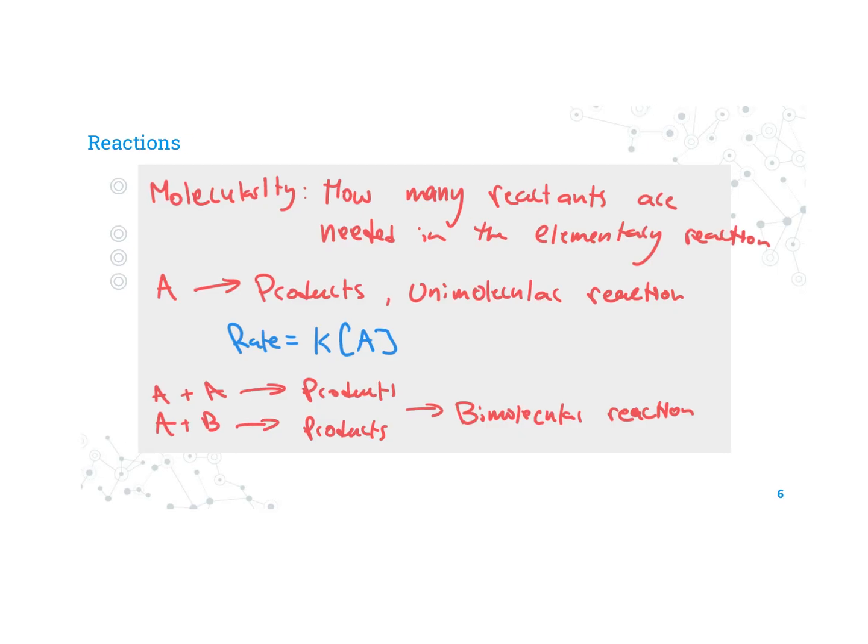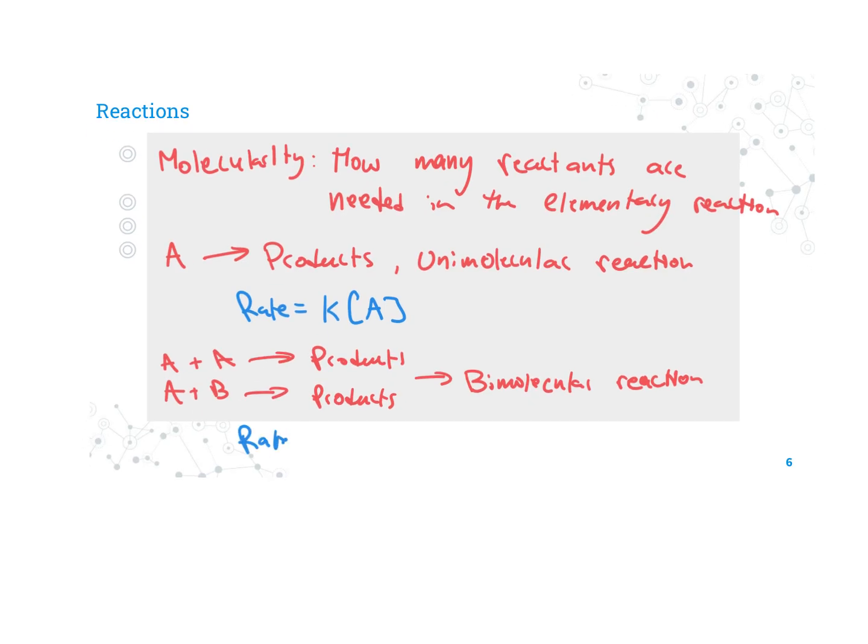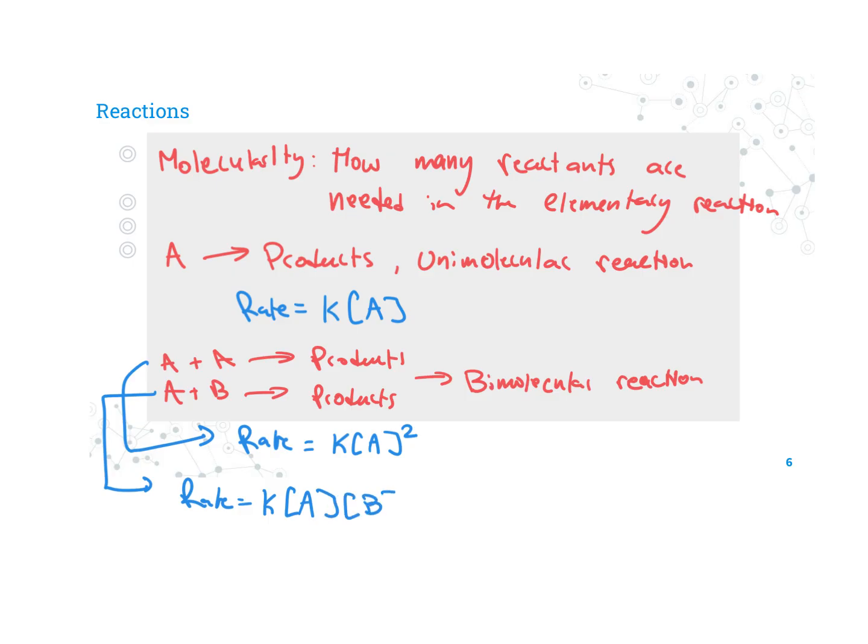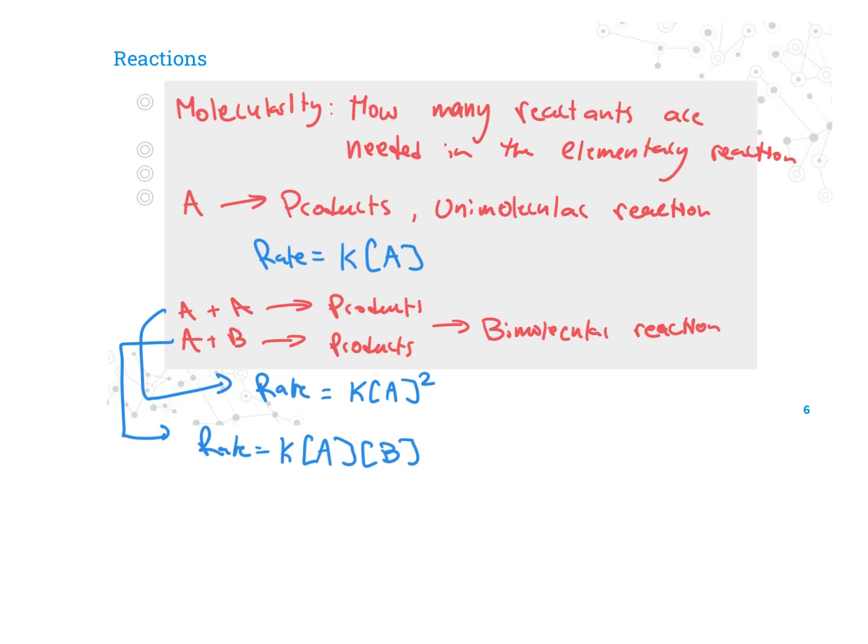And the rate can be expressed as either K times concentration of A squared, that's the first case, or in the case of A plus B, the rate is equal to K times concentration of A times concentration of B. So for a bimolecular process, we'll have a rate law that looks like that.